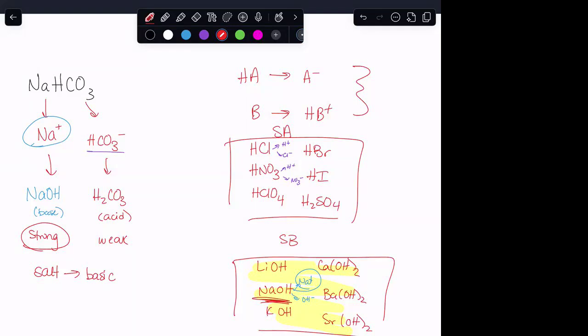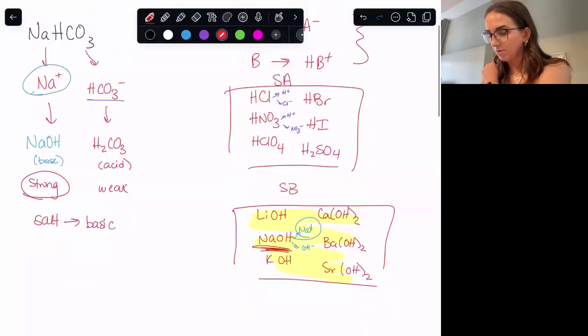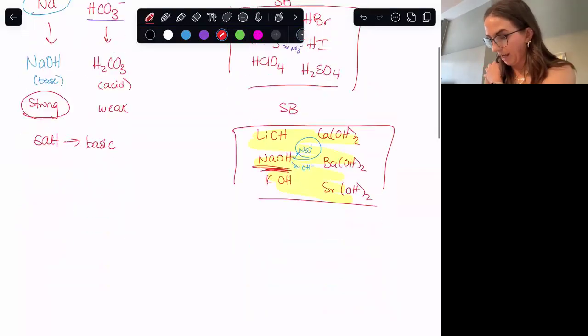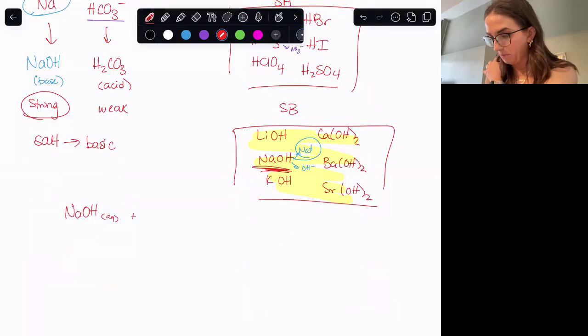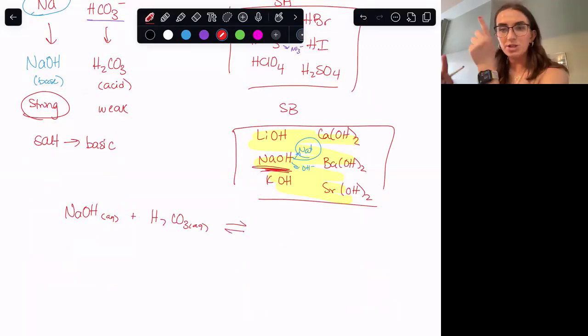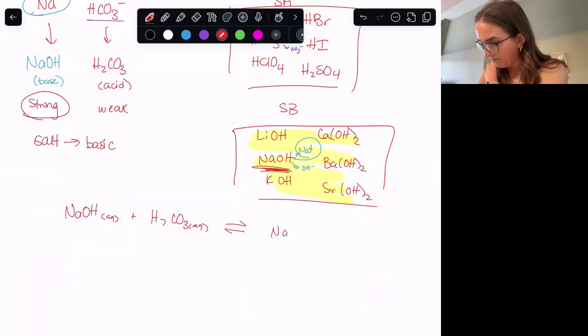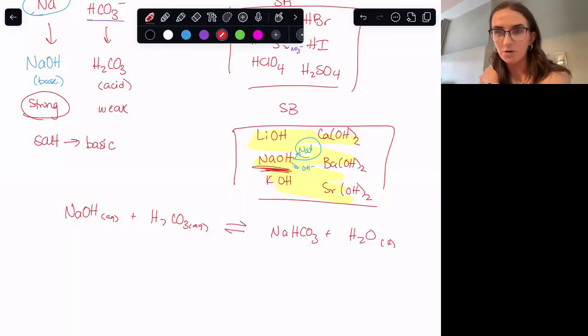Yes, because what we're pretty much doing is saying that we're forming aqueous, and we have H2CO3 aqueous, and we are switching our partners, so we get NaHCO3 and H2O. We're essentially just writing the chemical equation. We're just kind of going backwards in this case.